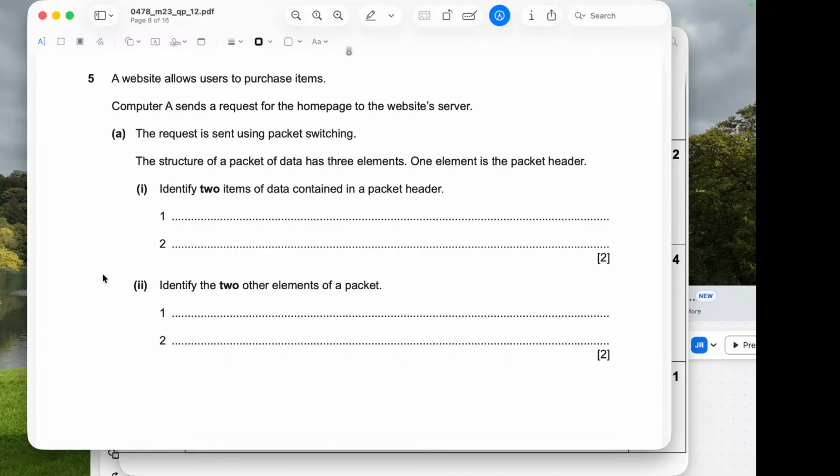So 2 items of data in the packet header. The IP of the sender, the amount of data contained. Yeah, good, those 2 are good.